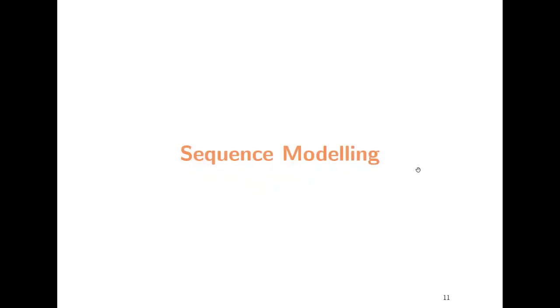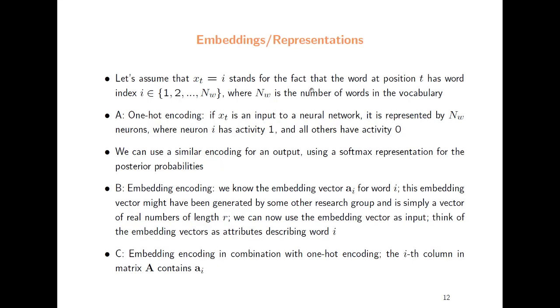So if we now look at sequences of words, there's the problem of how you represent a word as an input to a neural network. Numbers we have encountered: scalars in time series modeling, or binary inputs, maybe 0, 1. But what do you do with a word? We assume that there are N_W different words in our vocabulary, and N_W might be quite large, maybe 10,000 or so.